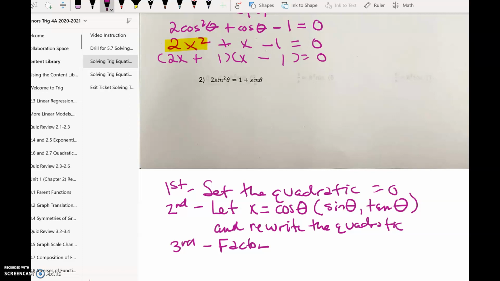We have to check. If I check my terms here, 2x times negative 1 gives me negative 2x. 1 times x gives me 1x. And when I add those together, I get negative 1x as my middle term.